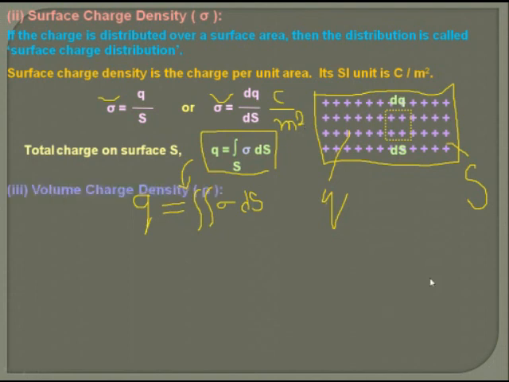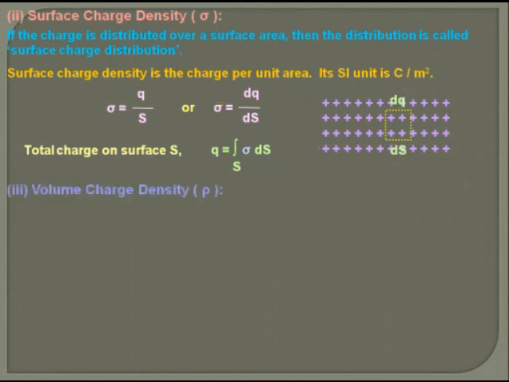Now the last type of charge density is volume charge density. I think this definition is also clear to you. Before actually going to its definition, we can say that it must be the charge per unit volume of a conductor.